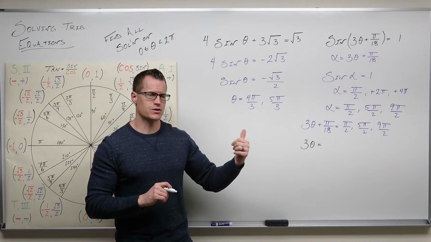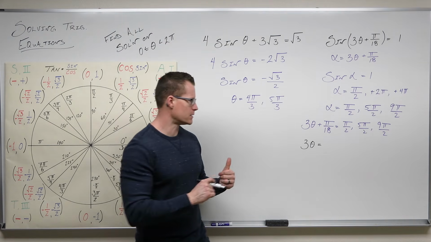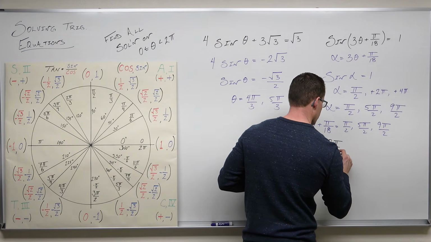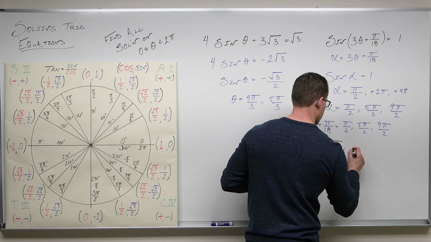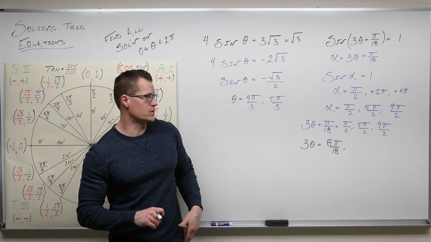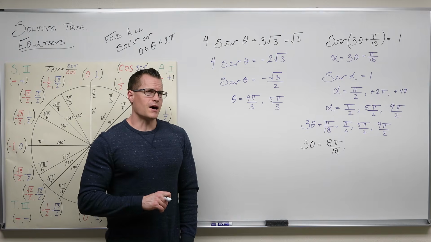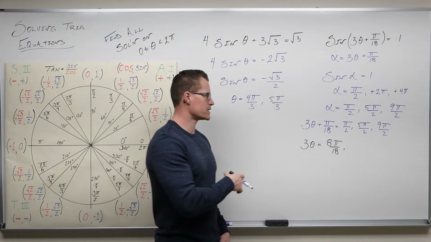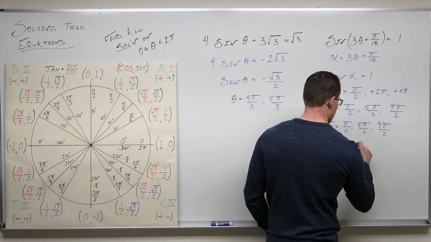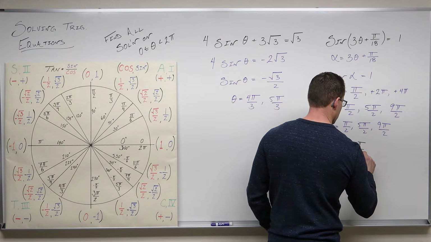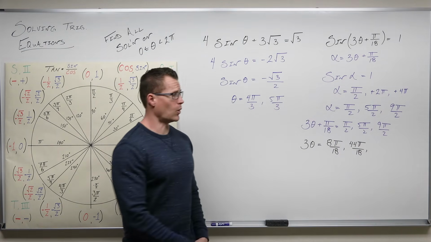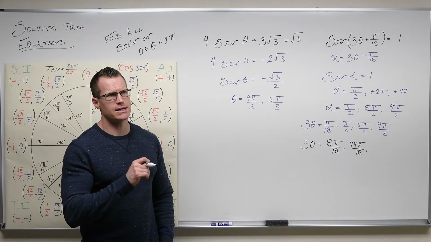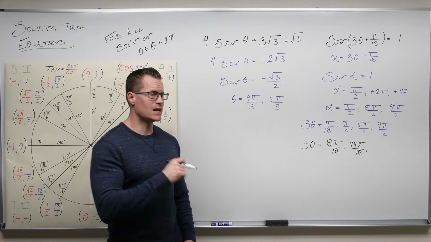So 9 pi over 18 minus 1 pi over 18 is 8 pi over 18. Five pi over 2 would be like 45 pi over 18. That's 44 pi over 18 if I subtract 1 pi over 18. And 9 pi over 2 is like 81 pi over 18, minus 1 pi over 18 is 80 pi over 18.